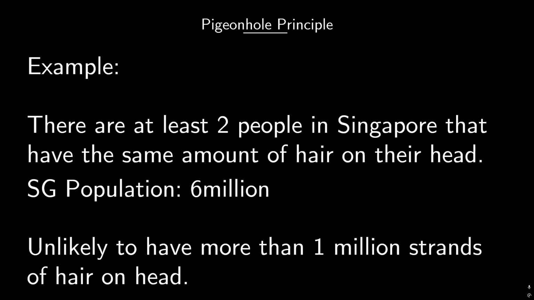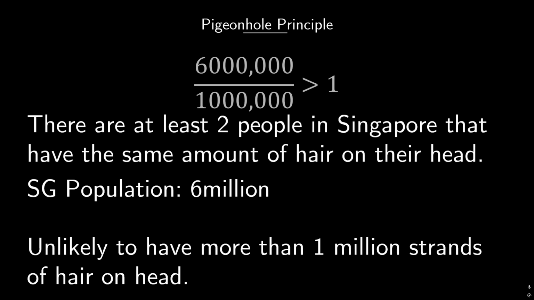Okay, so because there are 6 million people, and let's say that 1 million is an upper bound on the number of strands of hair that you can have, right? There must be at least 2 people that went to the same pigeonhole. And the reason they went to the same pigeonhole is because they had the same amount of hair on their head, right? So this is how the pigeonhole principle works.